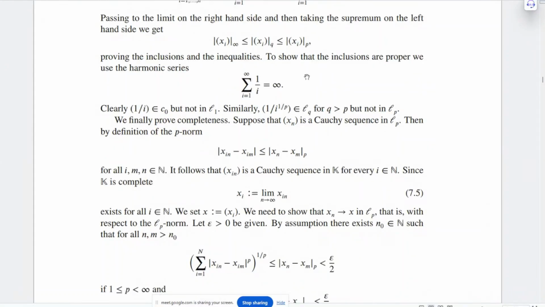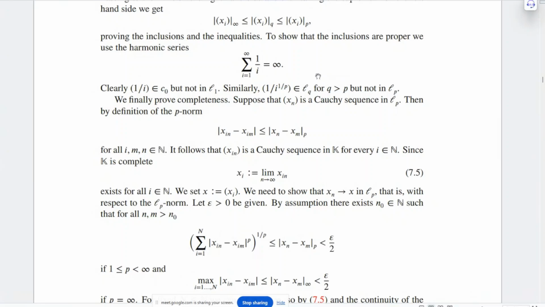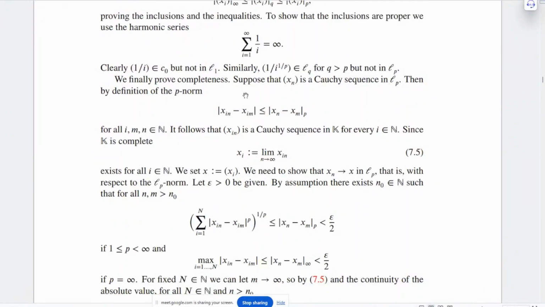What we actually show is this: the inclusions are proper. You use the harmonic series, the summation of 1 by i, which is divergent, or infinity. But 1 by i actually is in C0 because the sequence goes to 0, but it is not in L1.